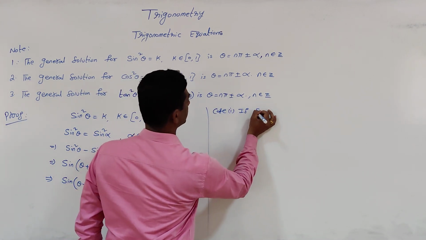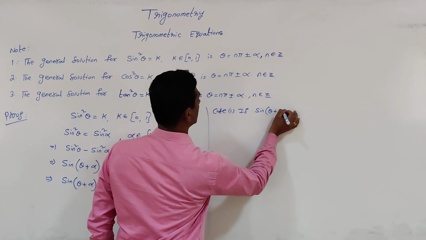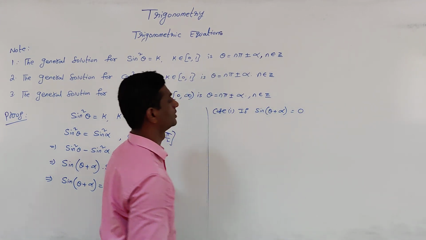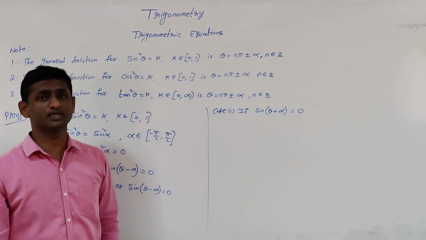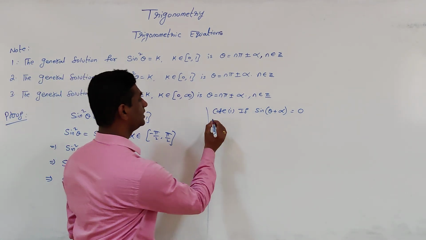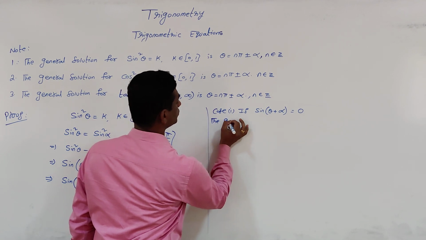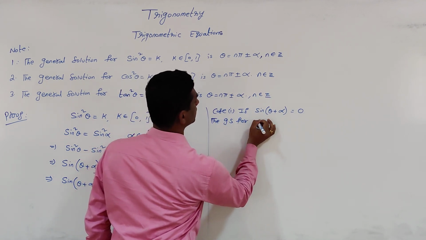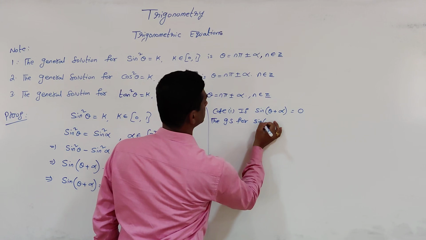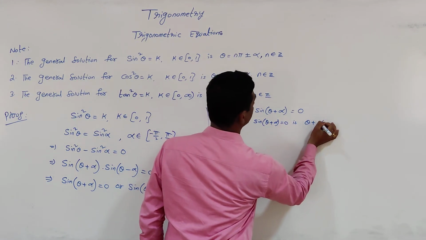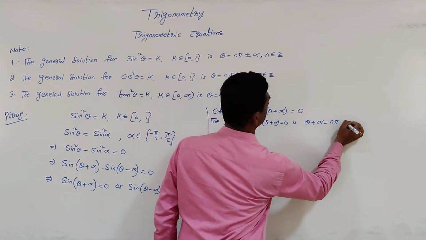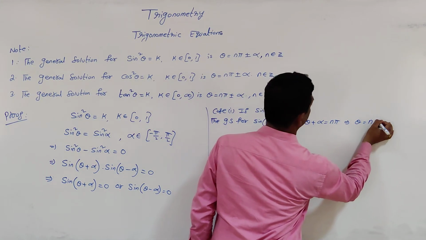If sin of theta plus alpha is equal to 0, it is in the form sin x is equal to 0, and we know the general solution for x is n pi. Similarly, the general solution for sin of theta plus alpha is equal to 0 is theta plus alpha is equal to n pi, implies theta is equal to n pi minus alpha.